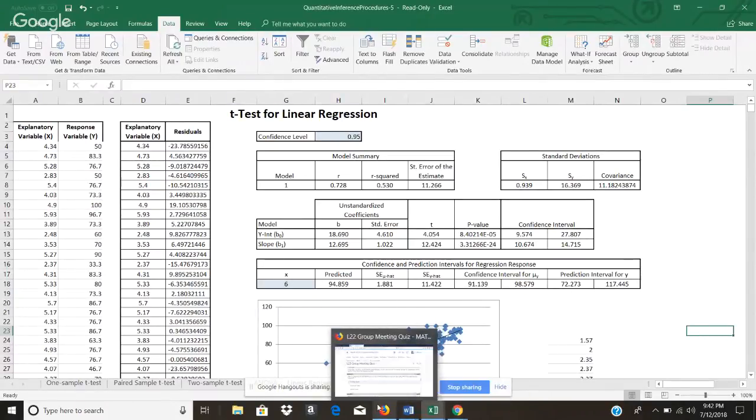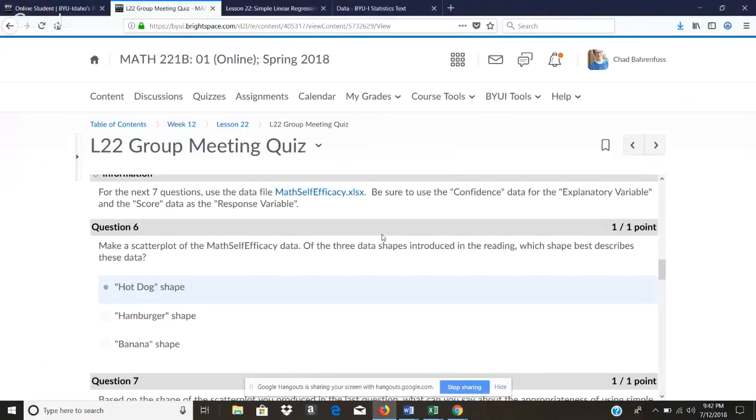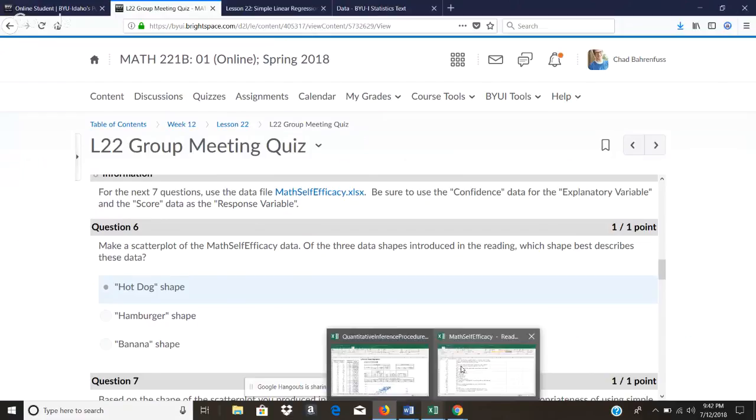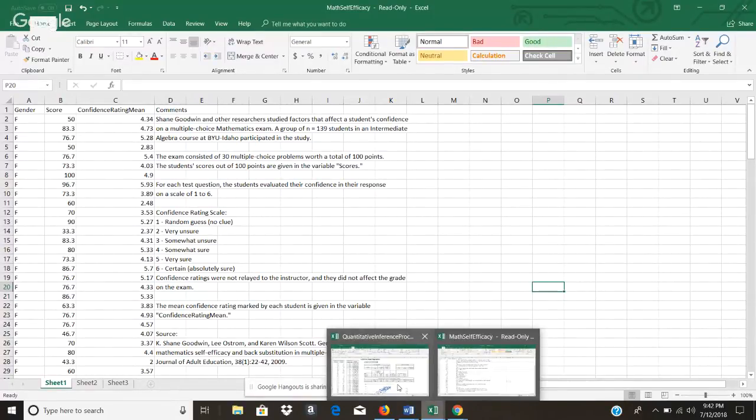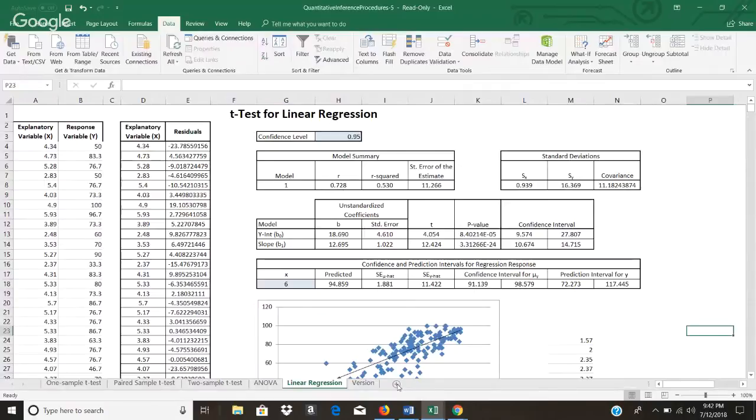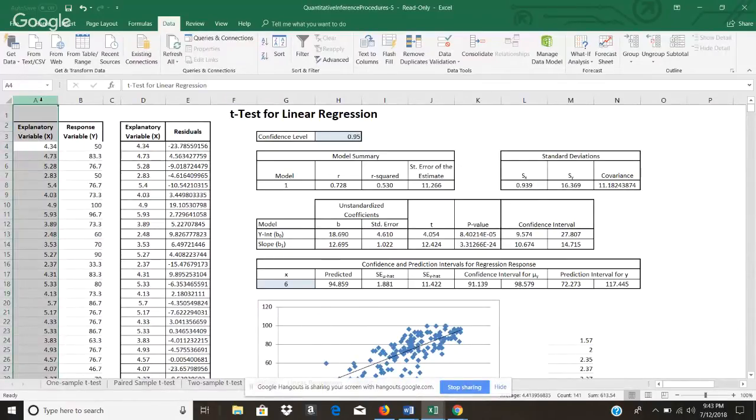If you go into the quiz, it tells you to be sure to use confidence data for the explanatory variable and the score data as the response variable. But when you go into the data, it puts confidence after the score. So I had to first highlight the confidence rating and put that in the explanatory, which is over on this side. So I plugged in the confidence data.